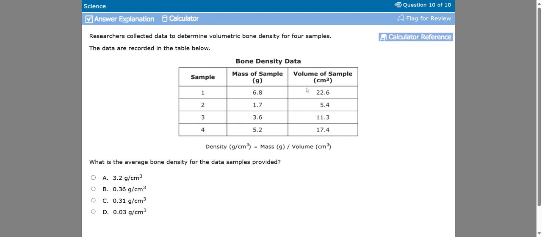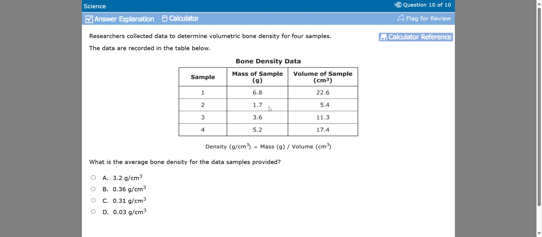And then you might be saying, well, then I'll just take 22.6, 5.4, 11.3, 17.4, and divide by 4. No, because then you're going to get the volume of samples. Be very careful with these kinds of questions where you just go with one answer choice and you immediately jump to it, or even if you went horizontally and said, okay, well, 6.8 divided by 22.6, that's the bone density for sample one.